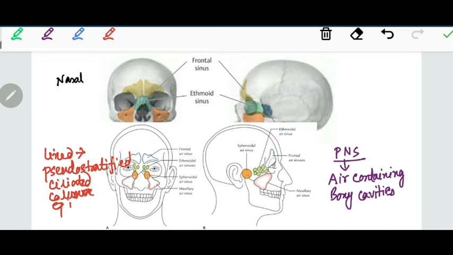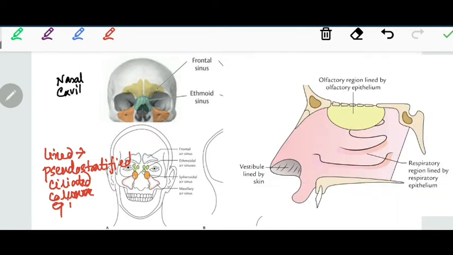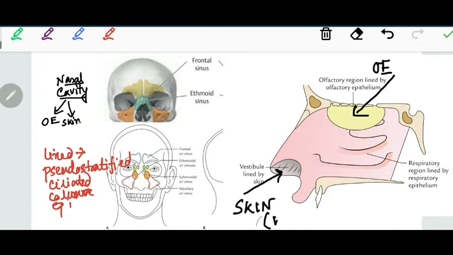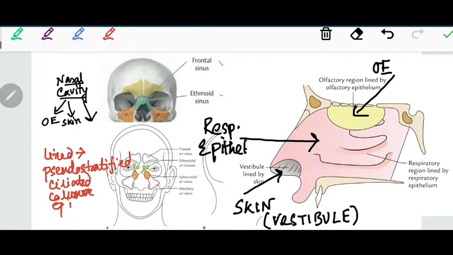If we consider the nasal cavity around which the paranasal sinuses are present, the nasal cavity is lined partly by olfactory epithelium, partly by skin, that is the vestibule part of the nasal cavity, and the largest share of the nasal cavity is lined by respiratory epithelium, and that respiratory epithelium is the pseudostratified ciliated columnar epithelium, the same variety which lines the paranasal sinuses as well.